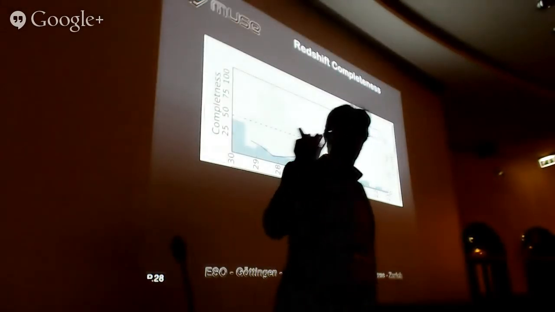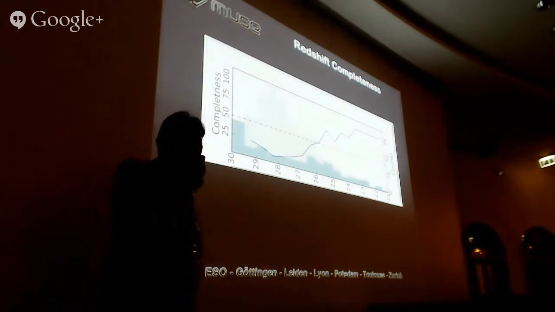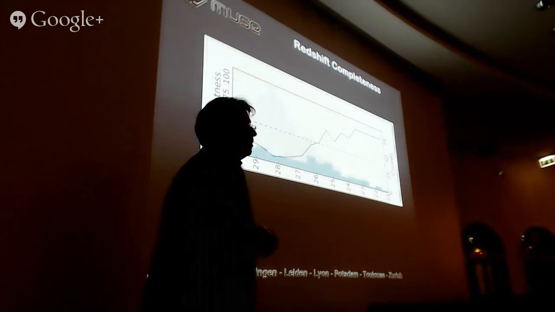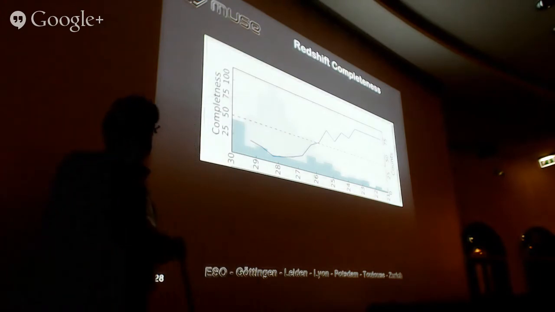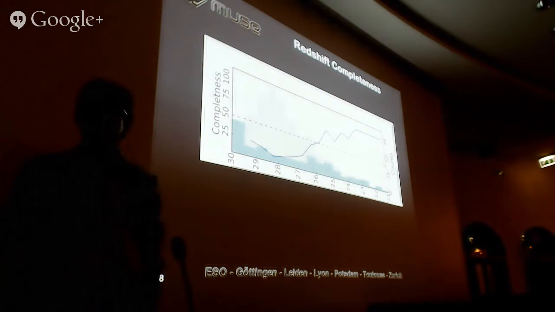That means that of all galaxies within that field up to magnitude 26, we have half of them. We can determine a redshift with high precision. And it's even up to 20% at a magnitude of 28 and 29. So it's quite a difference.